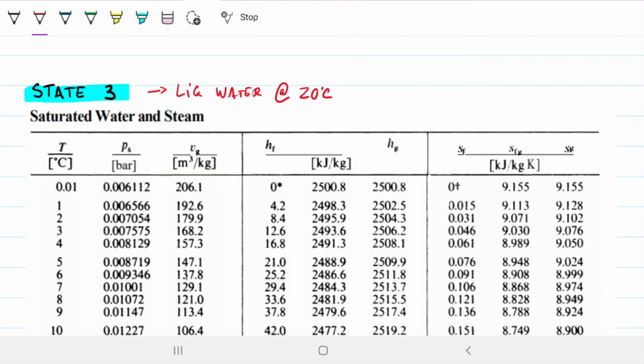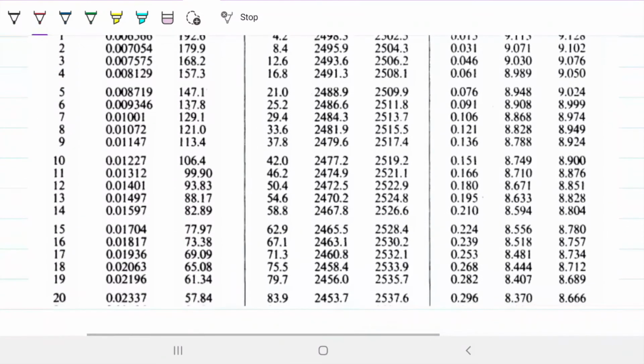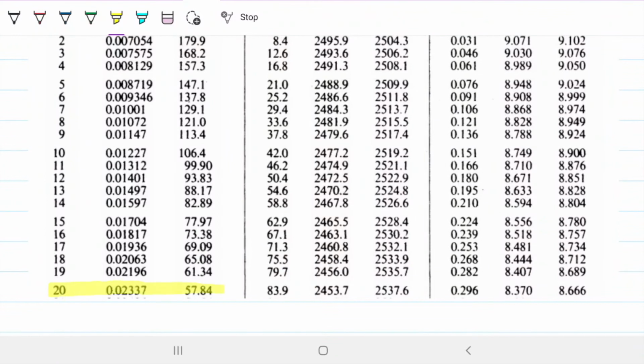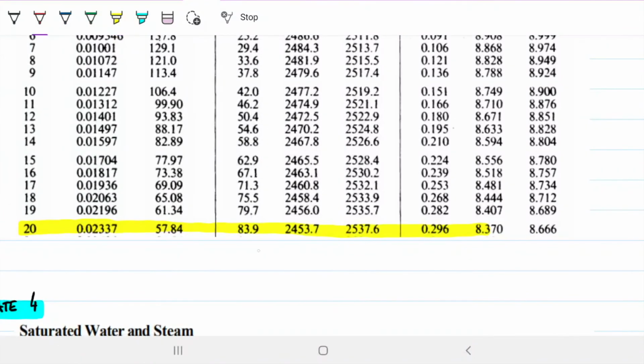All I need to do is look at the temperature table, find 20 Celsius here, and I want to find my HF, this one here. So H3 is approximately equal to HF, which is 83.9. Brilliant.